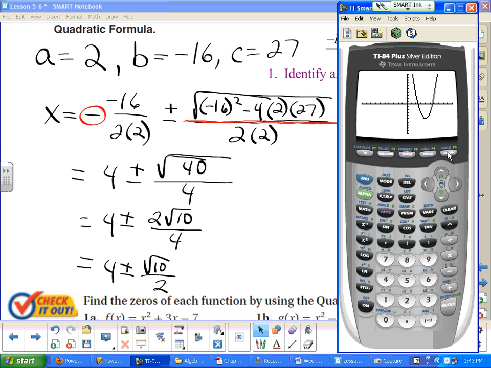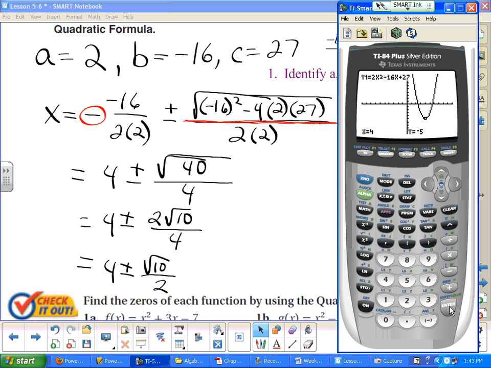Now notice, our negative b over 2a was 4, right? That's the axis of symmetry. So if I hit trace, put in 4, there's our vertex, the axis of symmetry.